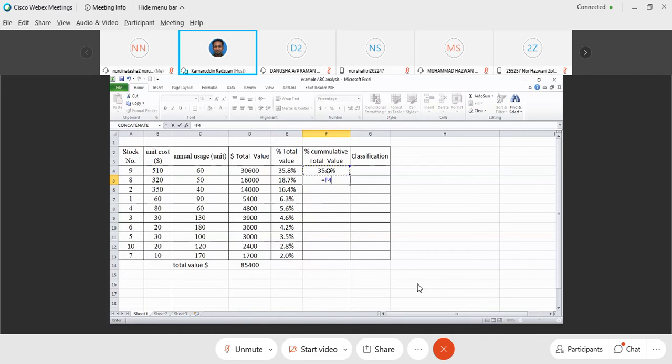So 35.8% plus 18.7%, the cumulative total value will be 54.6%.